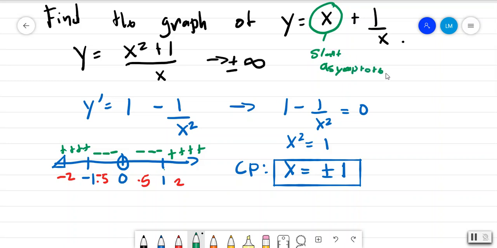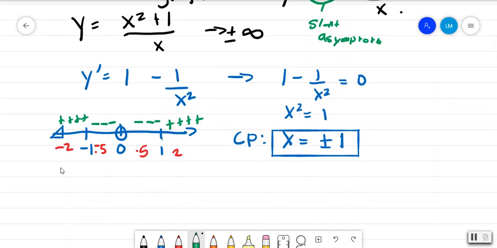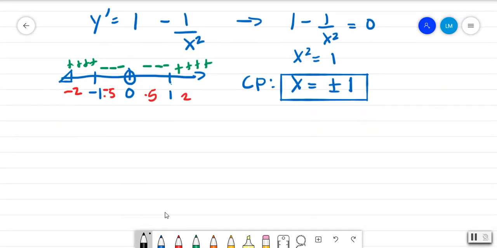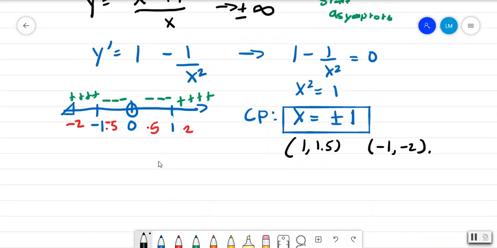Okay, so the next thing we need to do is to graph our equation based on this. Earlier I was mentioning that if I plug in 1, I get 1.5, and if I plug in -1, I get -2. That's plugging it back into the original function. We forgot to find the second derivative.